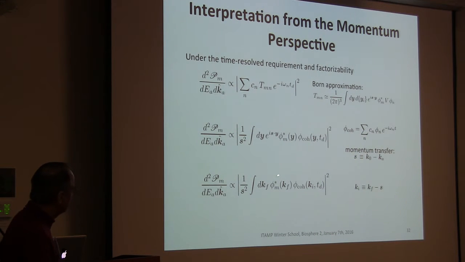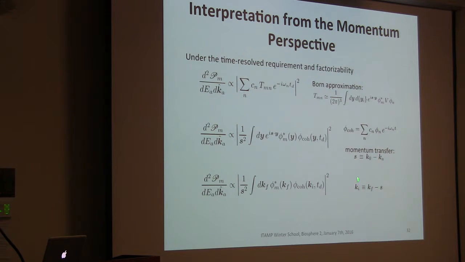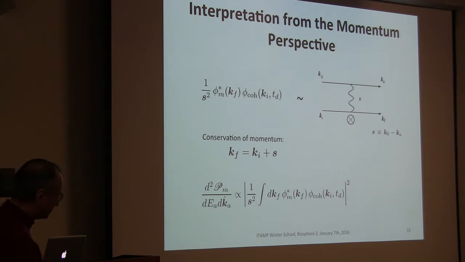You can do this integral, and what you get is the overlap of the momentum state of your coherent superposition with the momentum state of your final measured target. And so it's the momentum state of the coherent wave function that is reflected in the differential probability.